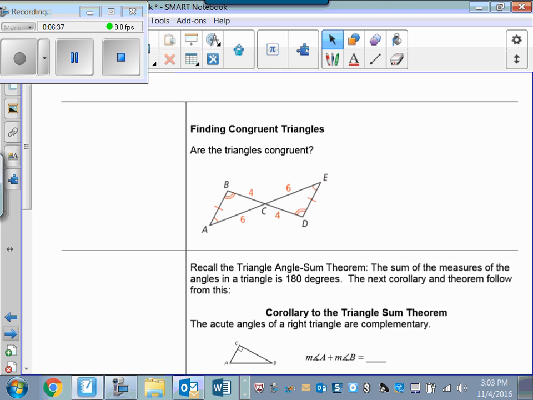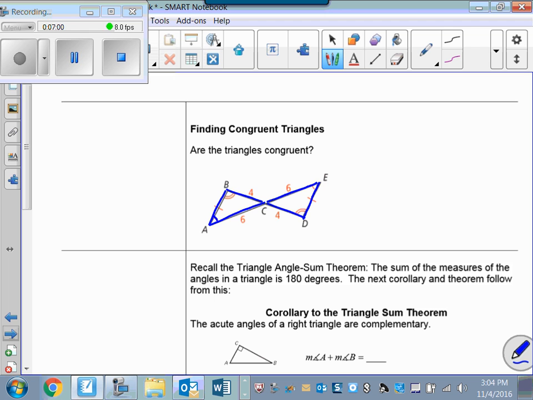All right, are the triangles congruent? Well, how do we know if they're congruent? If all the corresponding angles and sides are congruent, then we know the triangles are congruent. So let's see what we have here. We have this is congruent to this. This is congruent to this. This side is congruent to this side.